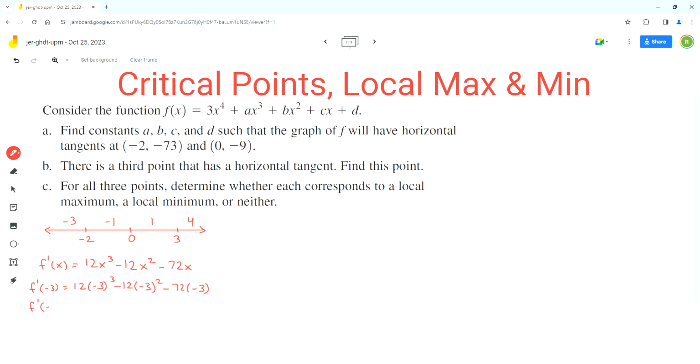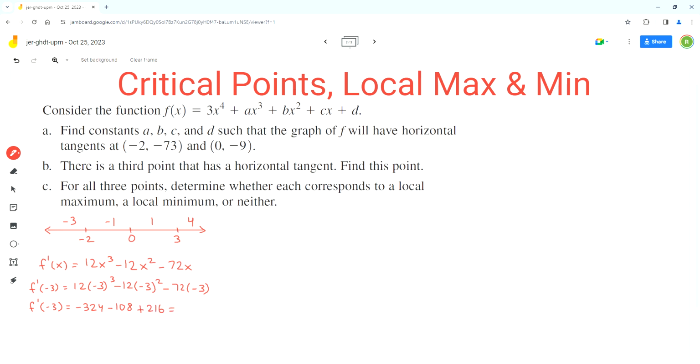Now we can evaluate this expression. 12 times -3 cubed is equal to -324. Then -12 times -3 squared is -108. And then -72 times -3 is 216.